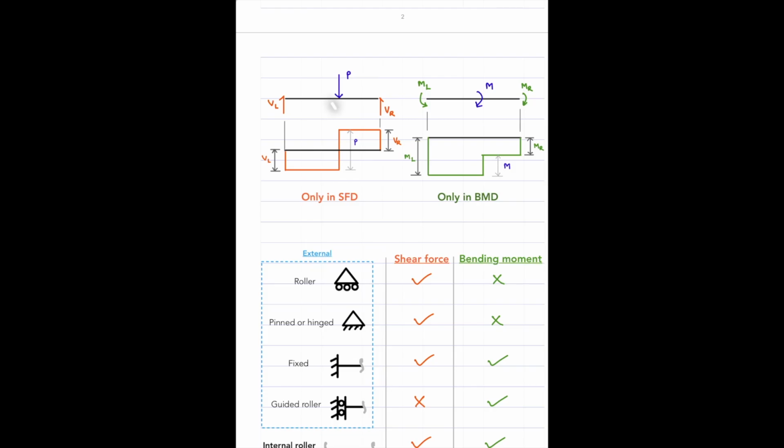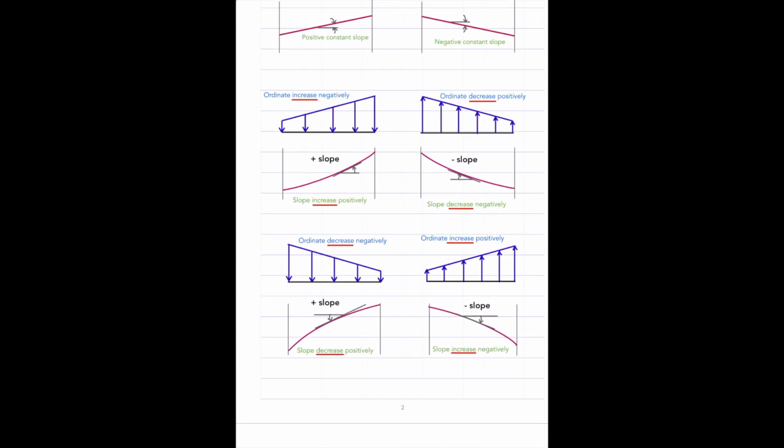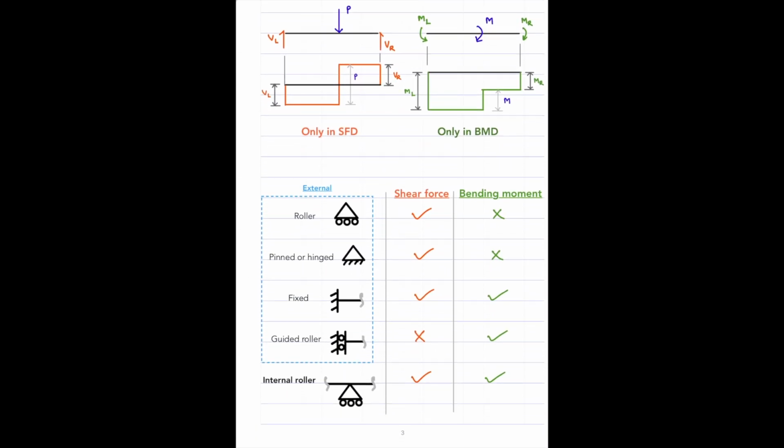So this kind of concentrated load will cause a jump in the value of the shear force. Similarly, if a concentrated moment is applied anywhere, it doesn't have influence on the shear force diagram. However, you see a jump in the value of bending moment at that location. That's what we see here. These ideas should be sufficient to construct the shear force and bending moment diagrams.